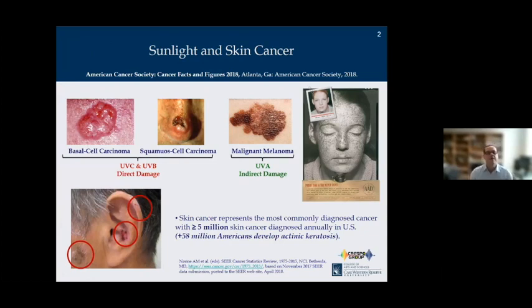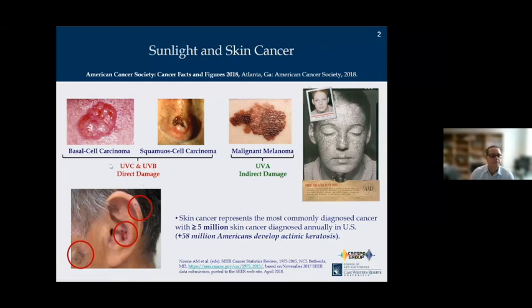As everyone in this audience is well aware, sunlight is known to be correlated with skin cancer in humans. In particular, as I'm showing here in this slide, there are three types of skin cancer that are of major concern.